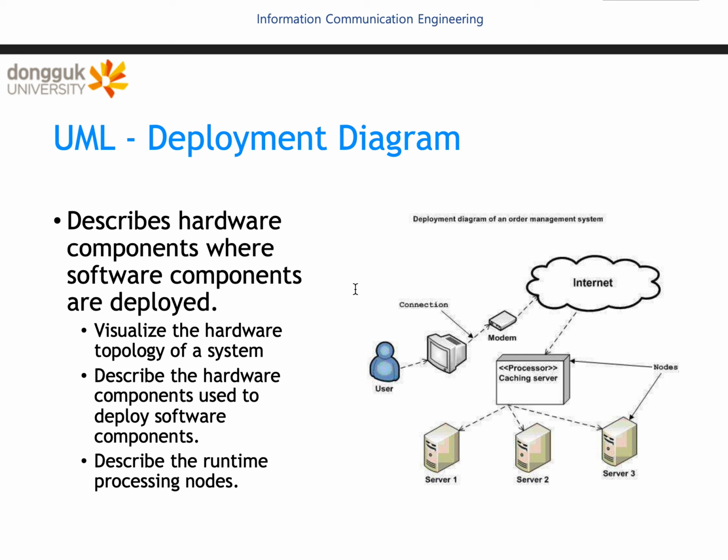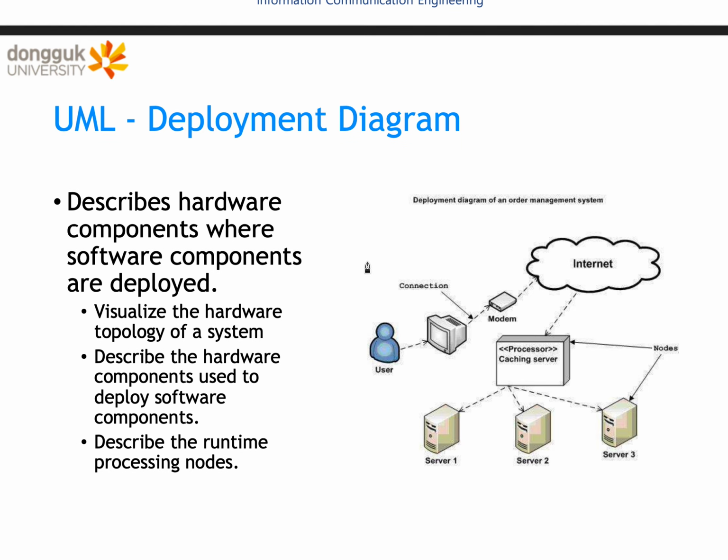Also, another diagram is the deployment diagram. This deployment diagram describes the hardware components where software components are deployed. And it visualizes the hardware topology of the system like here.